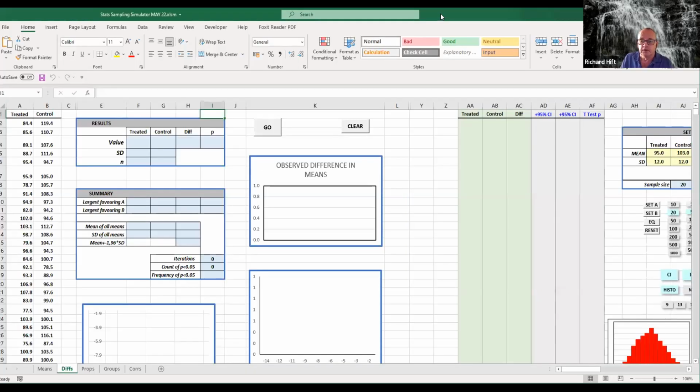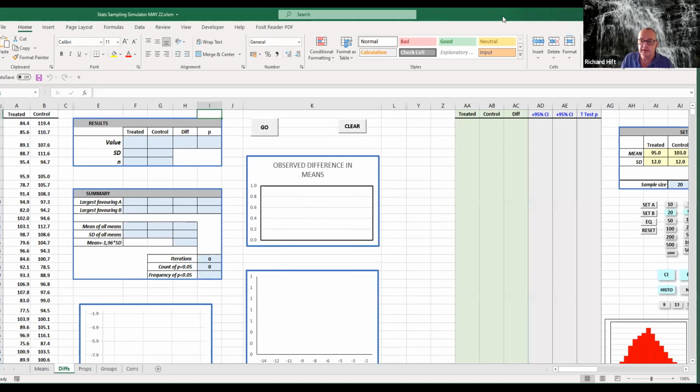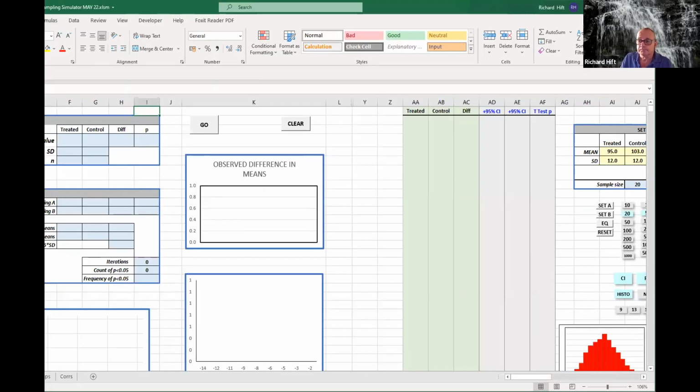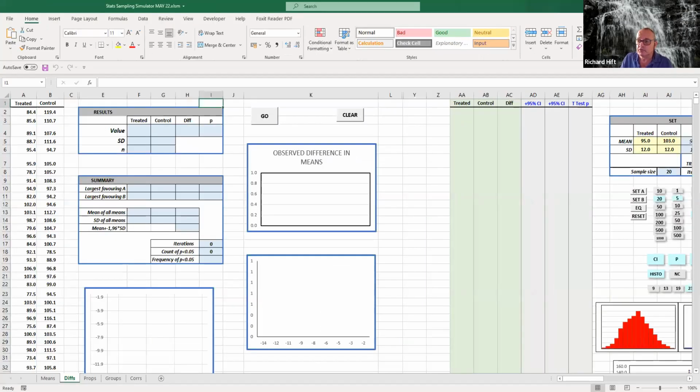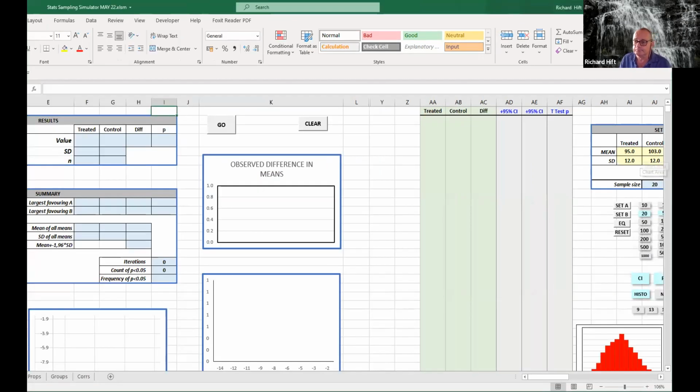Right. So here's a simulator that I've made. Okay. And over here, I can actually set some figures.